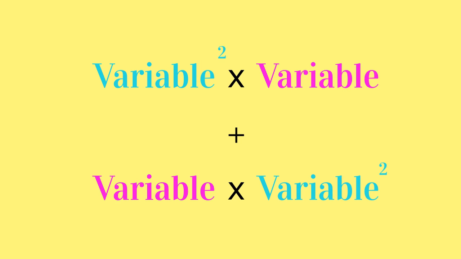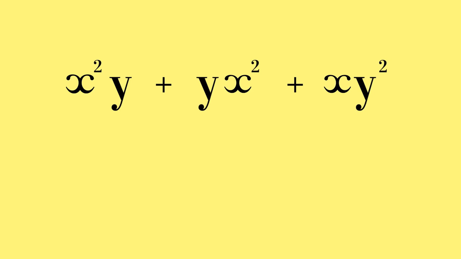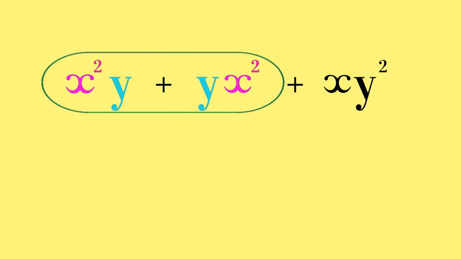For example, if we had x squared y, add yx squared, add xy squared, the first two terms can be combined because they both have an x squared and a y. Added together, these terms make 2x squared y.